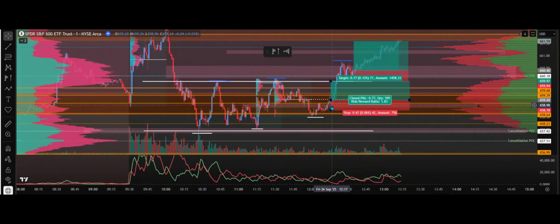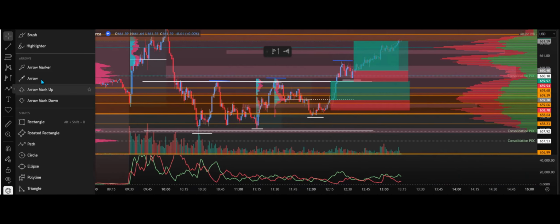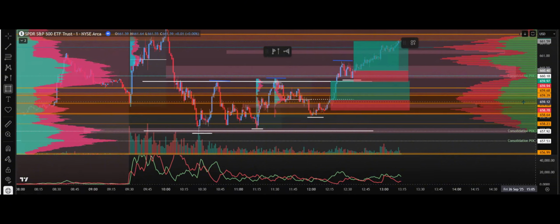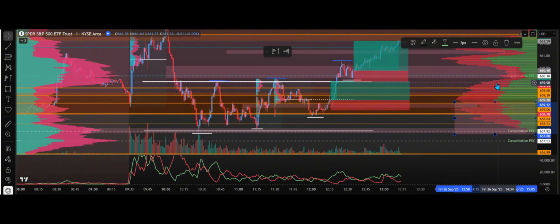Another thing I like to do is take these session volume profiles, and once I realize that buyers are taking this over, probably right here or right here, and it starts moving up, I like to say that it's ideal to have your bullish entry somewhere on the bottom of this peak, right? If I'm trying to go long into the top of the peak, it's not as profitable, right? You're coming into that resistance level.